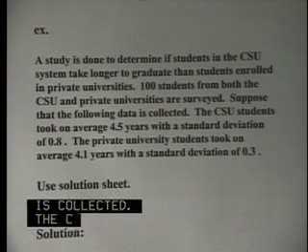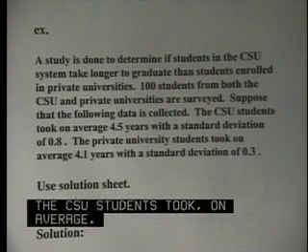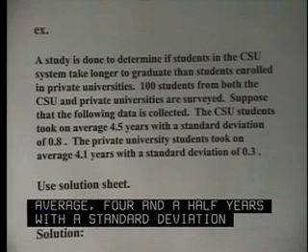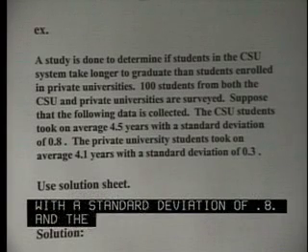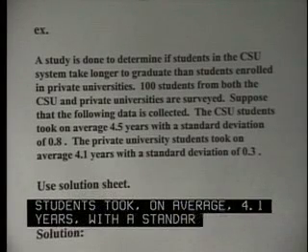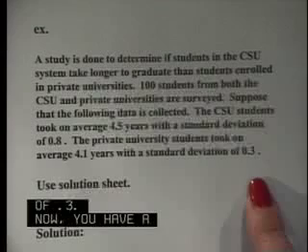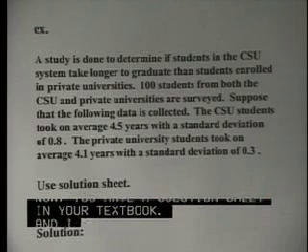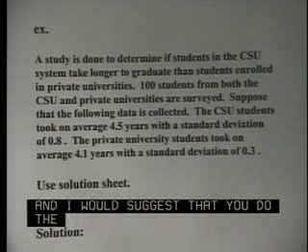Suppose that the following data is collected. The CSU students took on average 4.5 years with a standard deviation of 0.8, and the private university students took on average 4.1 years with a standard deviation of 0.3. Now you have a solution sheet in your textbook, and I would suggest that you do the problem out on your solution sheet. It makes it a lot easier.